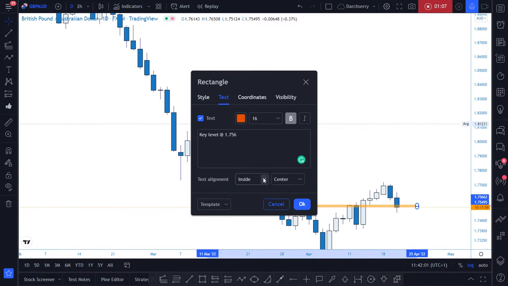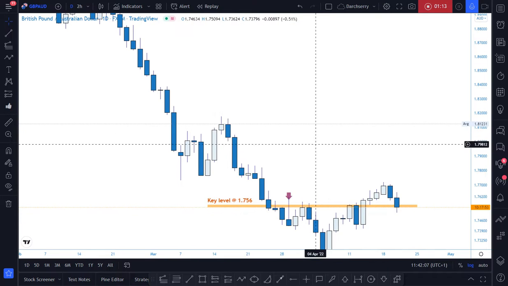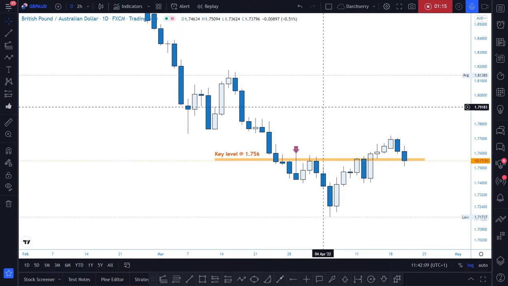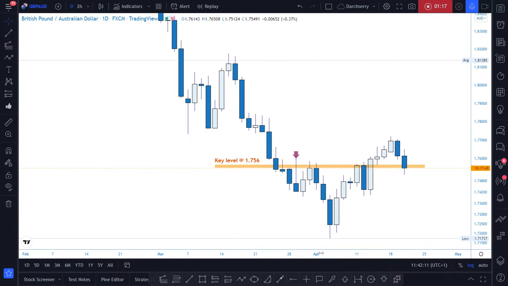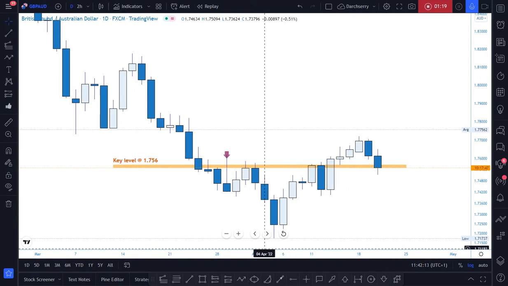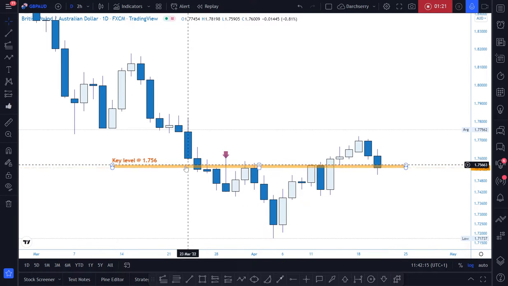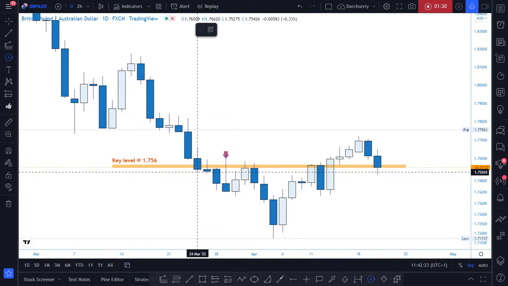Let me place this at the top and left hand side better. The reason why we're having a key level at this area is definitely because this level has been a very significant area when it comes to a resistance or support level at one point in time.